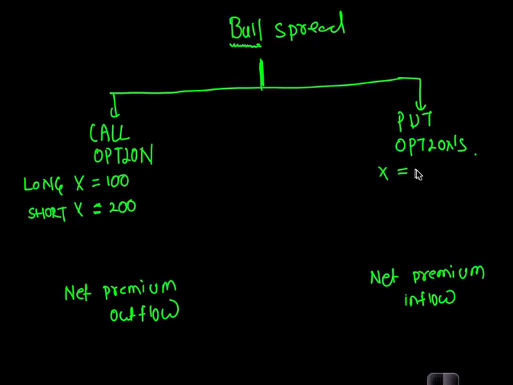Now let us say we have two put options. Now which one of these would be expensive? 200. So since we want to have a net premium inflow here, we will sell the one which is expensive and we will buy the one which is cheaper. That means we will take a short position on 200, we will take a long position on 100.